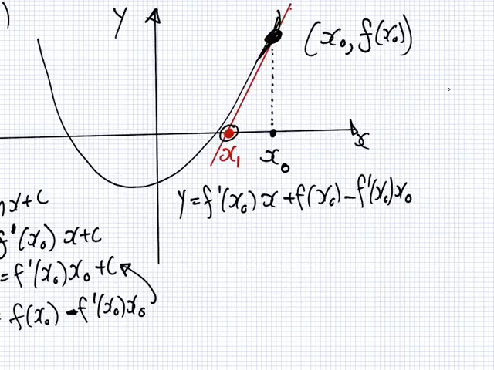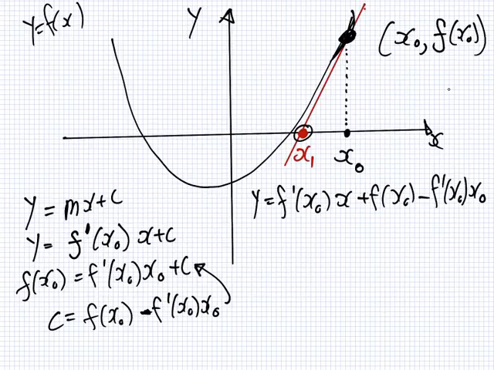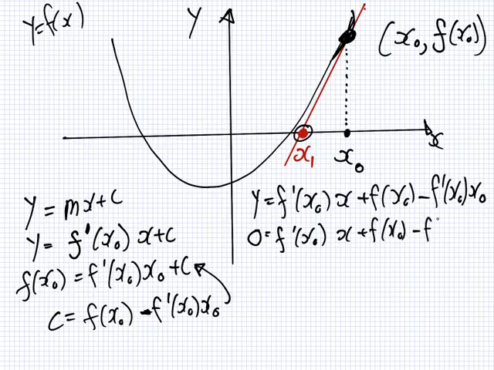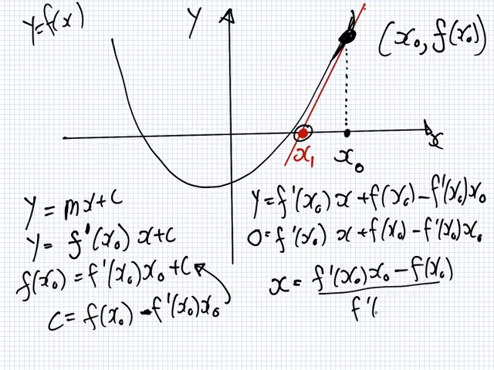Okay. So, how do I find x1? By setting y equal to 0. Yes. So now I have 0 equals f'(x0) x plus f(x0) minus f'(x0) x0. So I get x equals f'(x0) x0 minus f(x0) all over f'(x0) when I rearrange this.